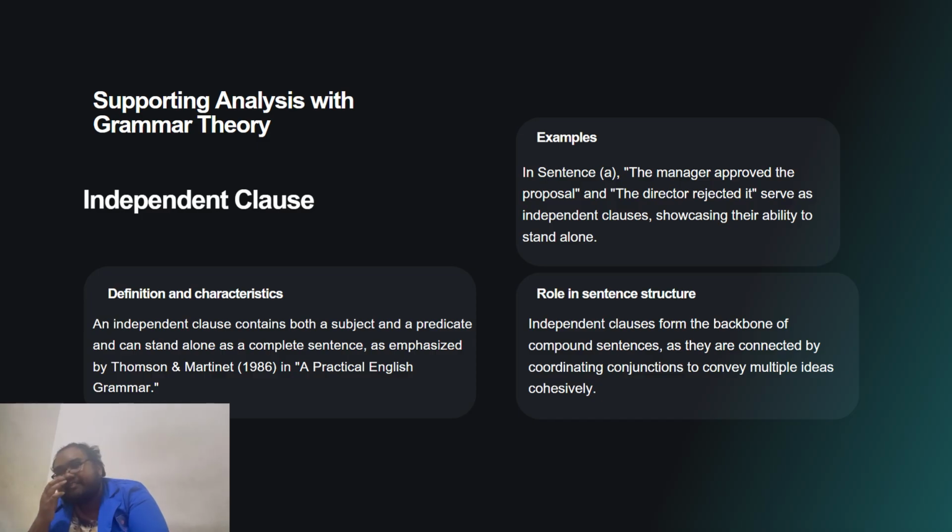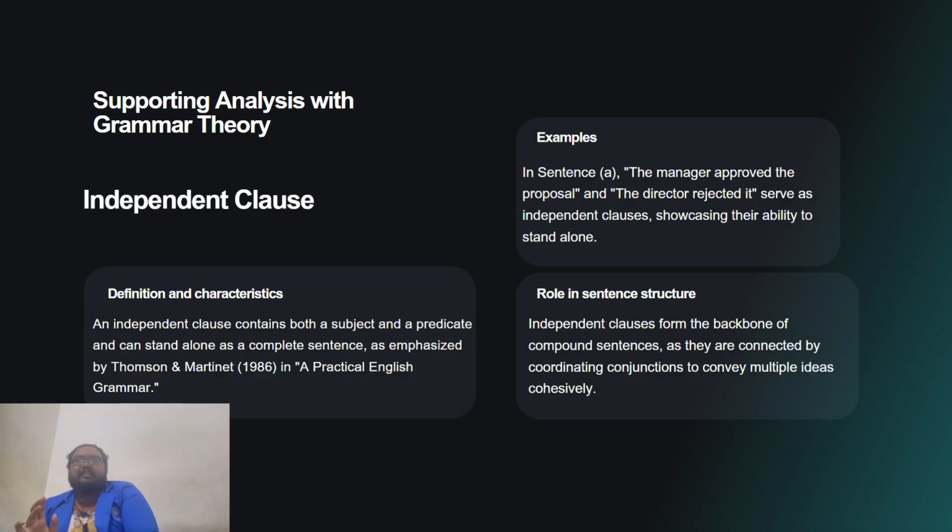Subordinating analysis with grammatical independent clause. Definition and characteristics: an independent clause contains both a subject and a predicate and can stand alone as a complete sentence, as emphasized by Thompson and Martinet, 1986, in A Practical English Grammar.